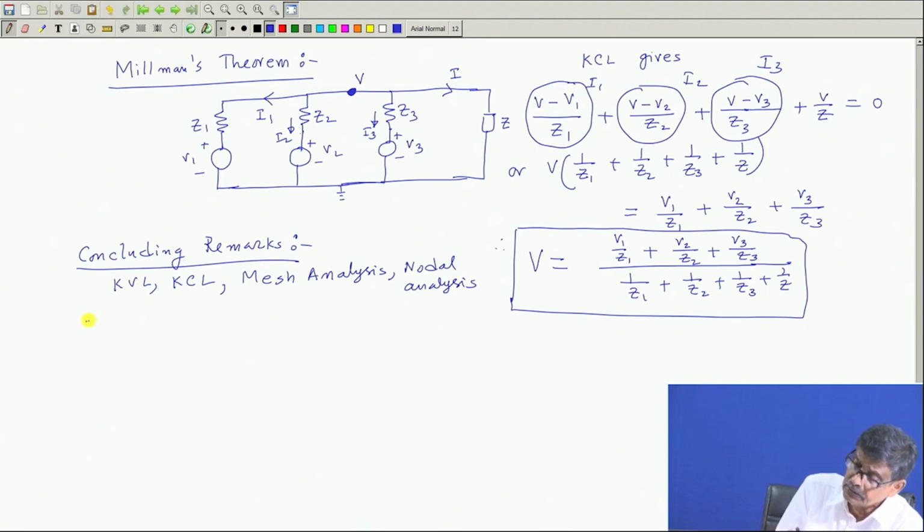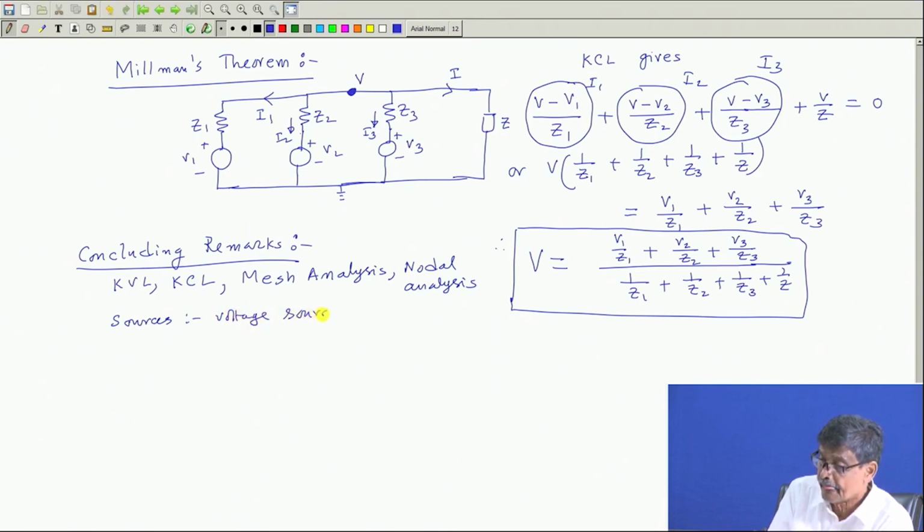But before that, to solve network problems in the time domain, we require to solve differential equations. And before that I introduced sources, that is voltage source and current source.